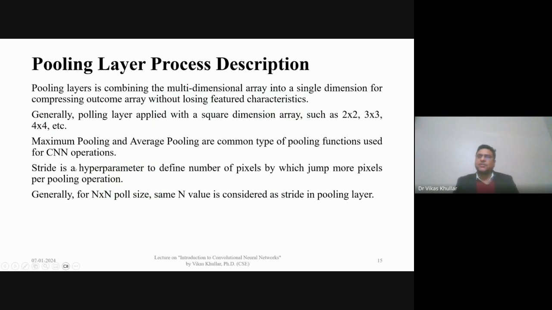Stride has the same operation in the pooling layer also, but here the parameter is defined by the number of pixels by which the jump is applied. Generally we use n into n pooling size, where n is considered as the stride in the pooling layer, so shape and stride have the n value only.